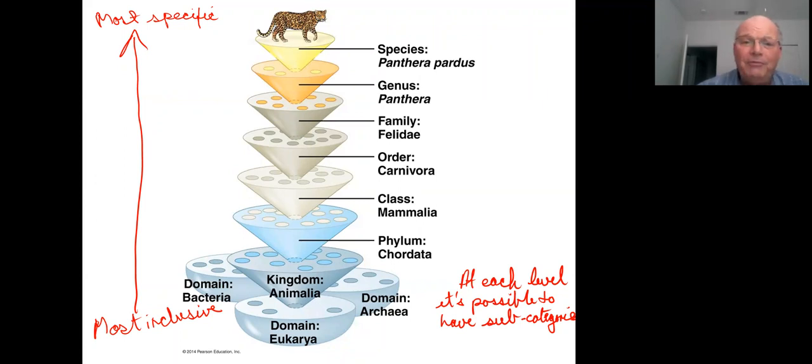So rather than having a lot of independent individual categories, sometimes we'll say that one category contains subcategories. And this is not unusual. If you take a look at any phylogeny online, you're going to see that.